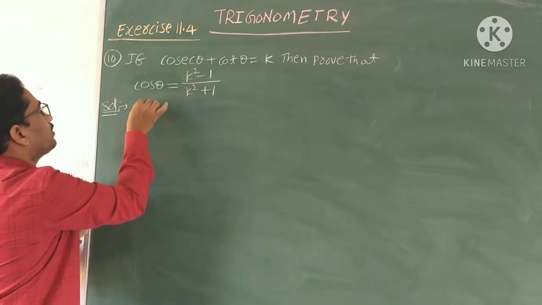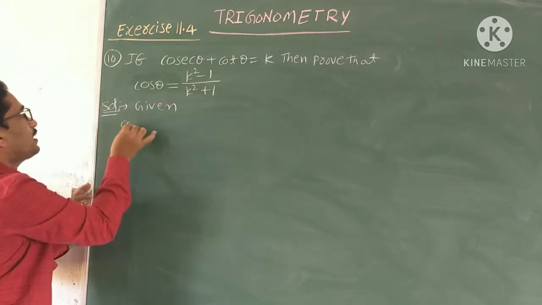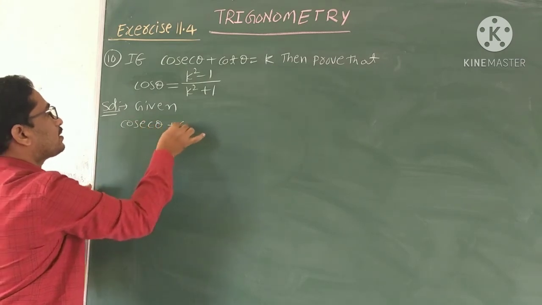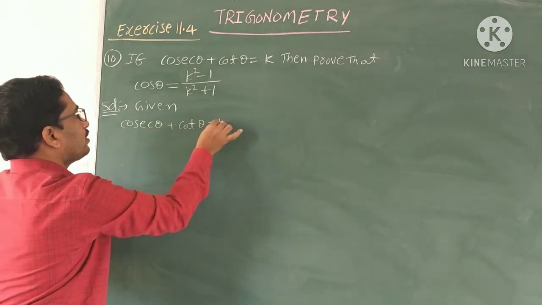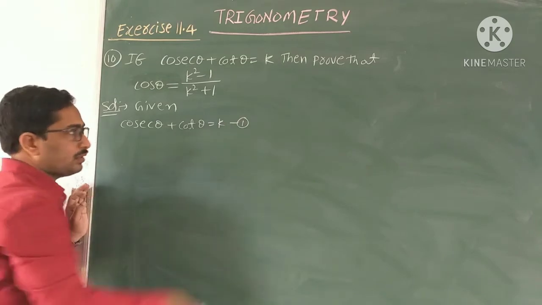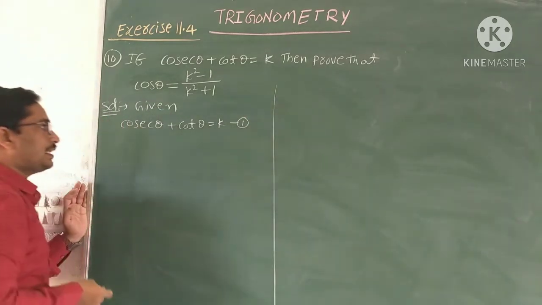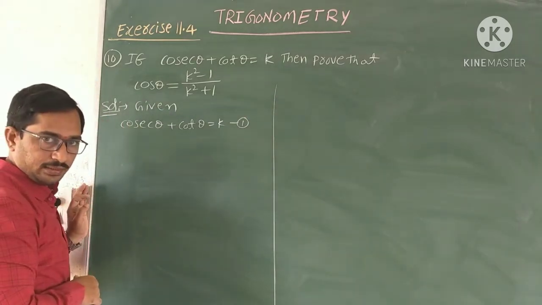Write the given data. Given cosec theta plus cot theta is equal to k, say equation number 1. What is the relation between cosec theta and cot theta?